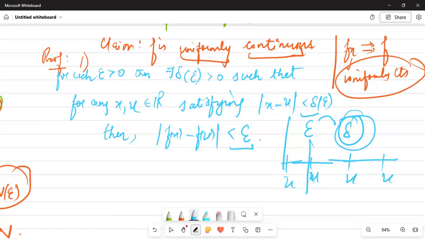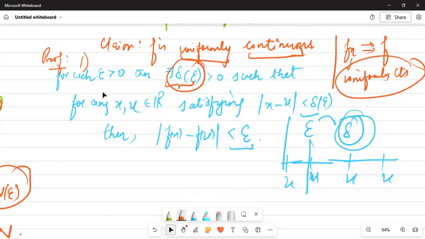That is the reason I have put delta as a function of epsilon. That means delta is just going to depend on epsilon and not on any point of the real axis. And this is what we need to prove. We need to prove that f is uniformly continuous. So we need to get this delta.